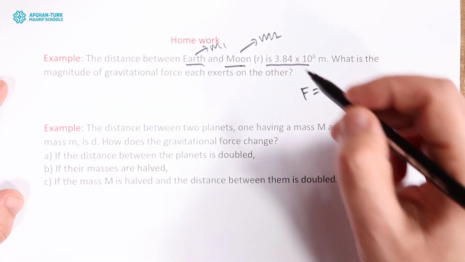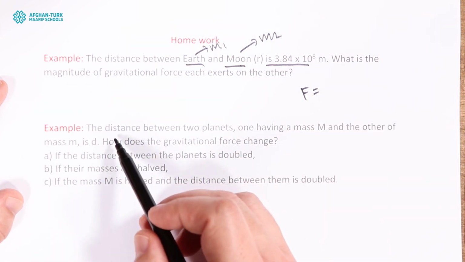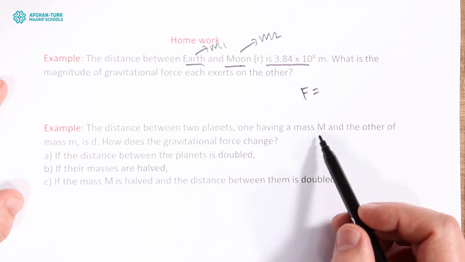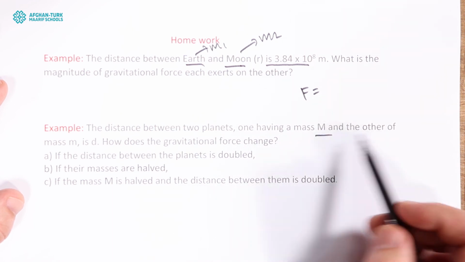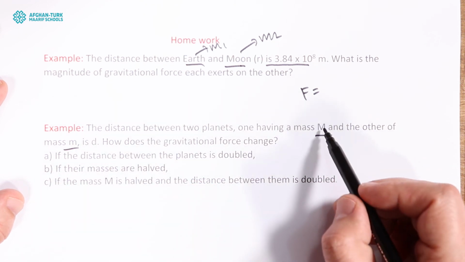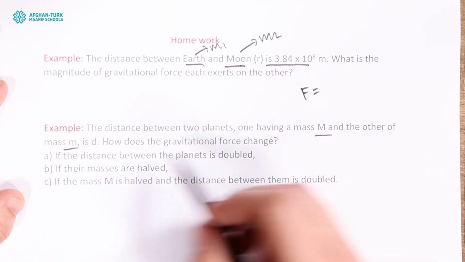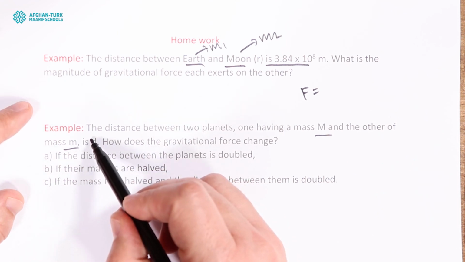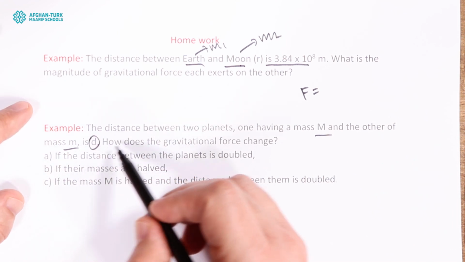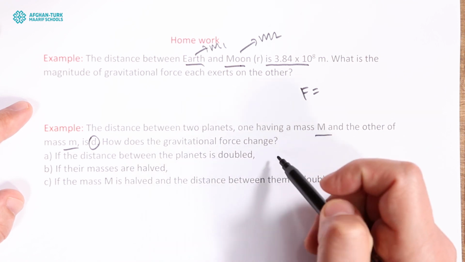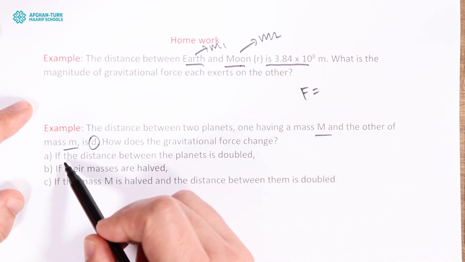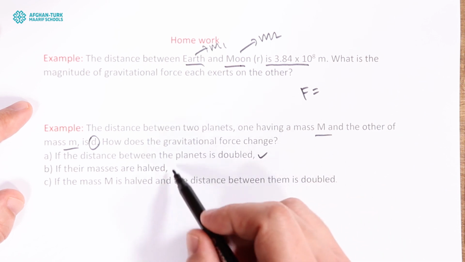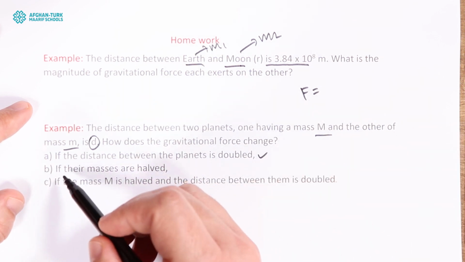So this is the first question. The second one: the distance between two planets, one having a mass M and the other a mass m, the one mass is denoted by capital M, the other one by small m, and the distance between the two planets is d. How does the gravitational force change? If the distance between the planets is doubled, what will happen to the force?